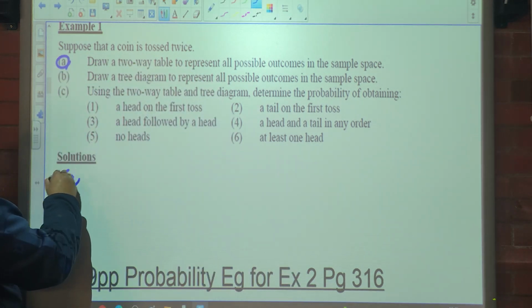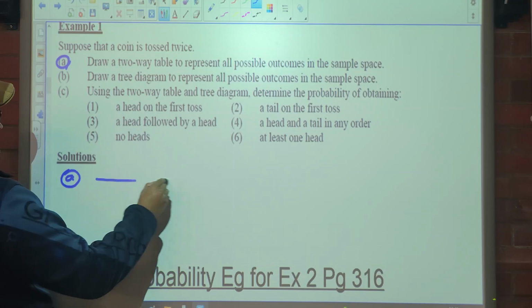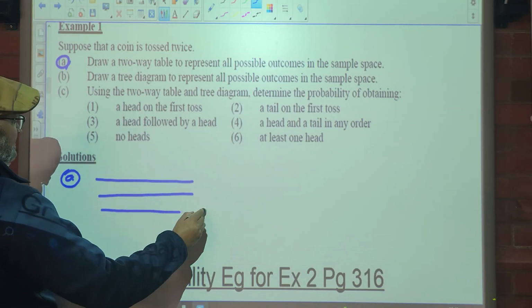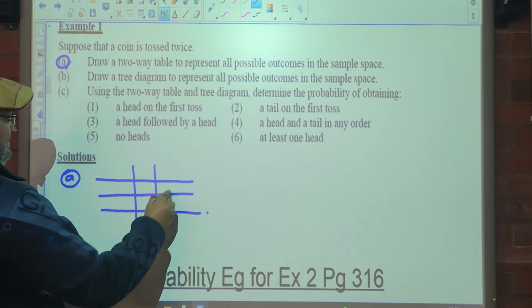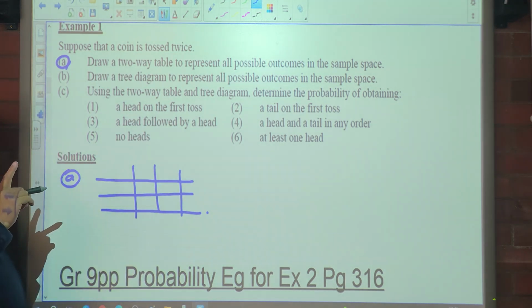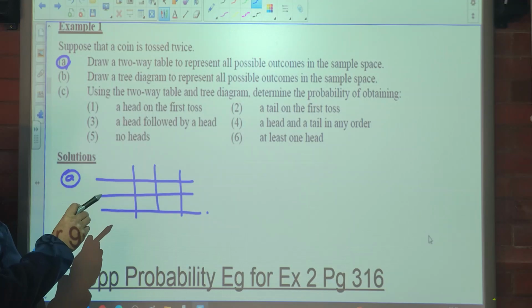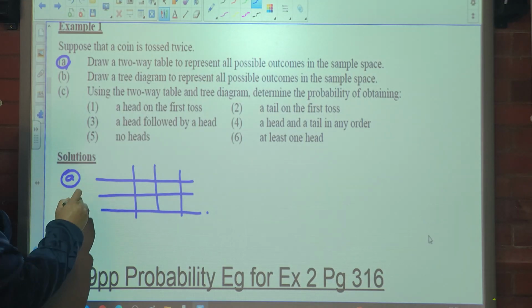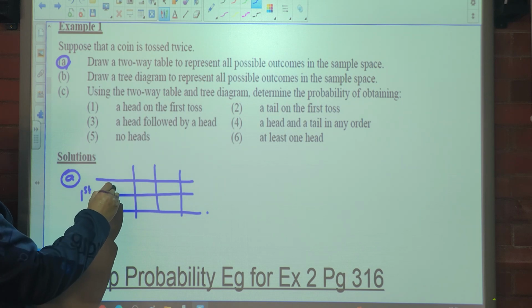So let's look at a table. Not because we're hungry all the time, no. Right. So the first coin. What are your outcomes if I toss a coin? This is the first coin, it could either be heads or tails.